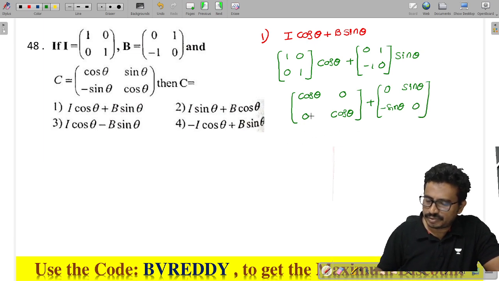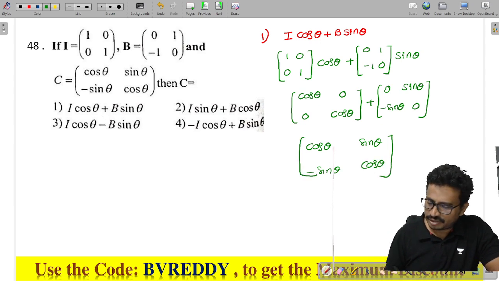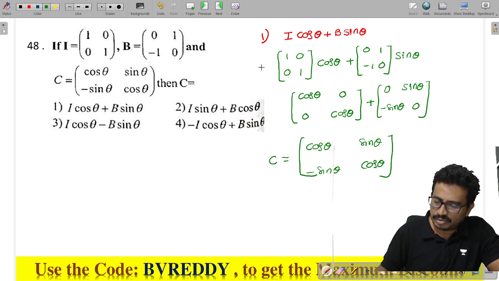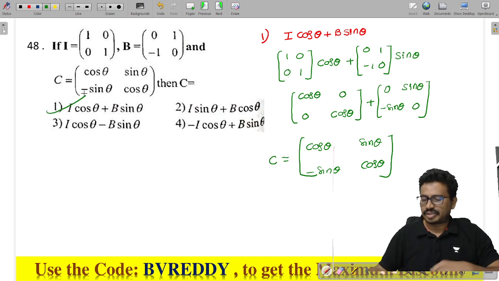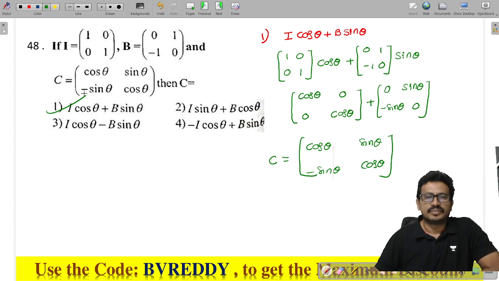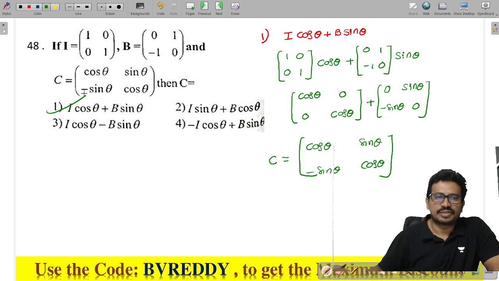Simplifying, what we get is nothing but cos theta sin theta minus sin theta and cos theta. You can see this is the matrix they have given as the C matrix. So the first option is correct. Let us simply do verification for the options.